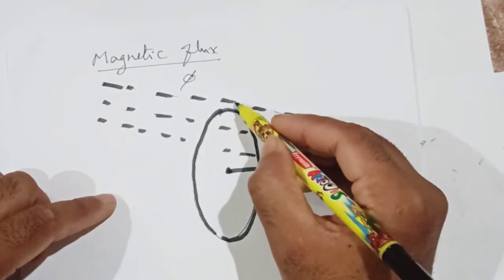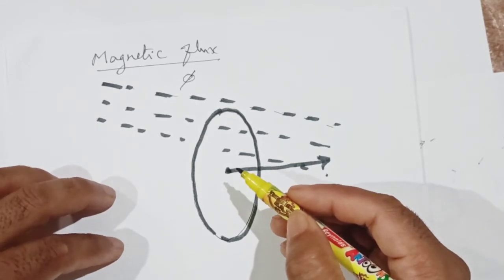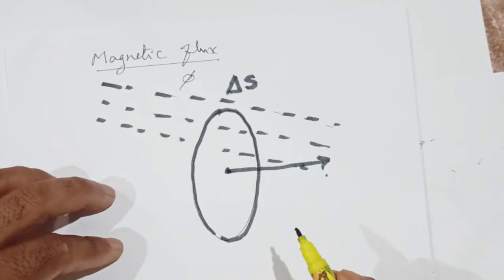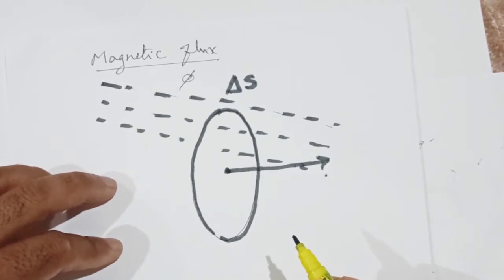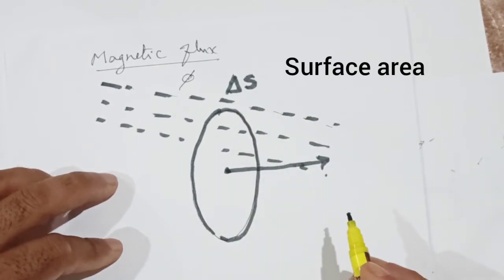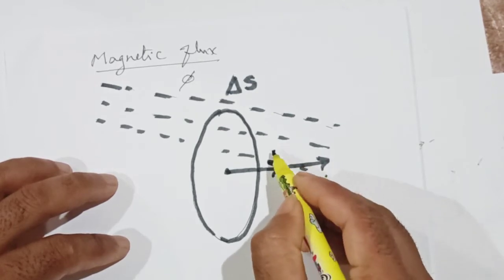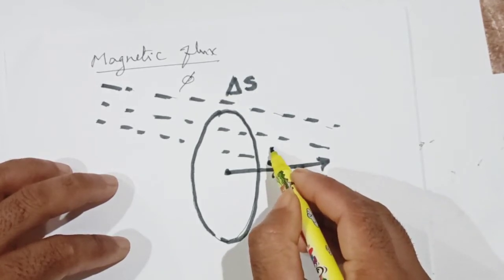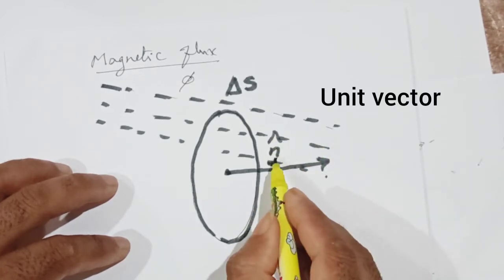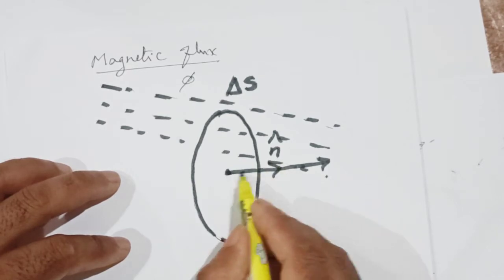This plate has some area, so we write delta S. Delta S is the surface area, and these arrow marks represent the unit vector along the normal to the surface area.